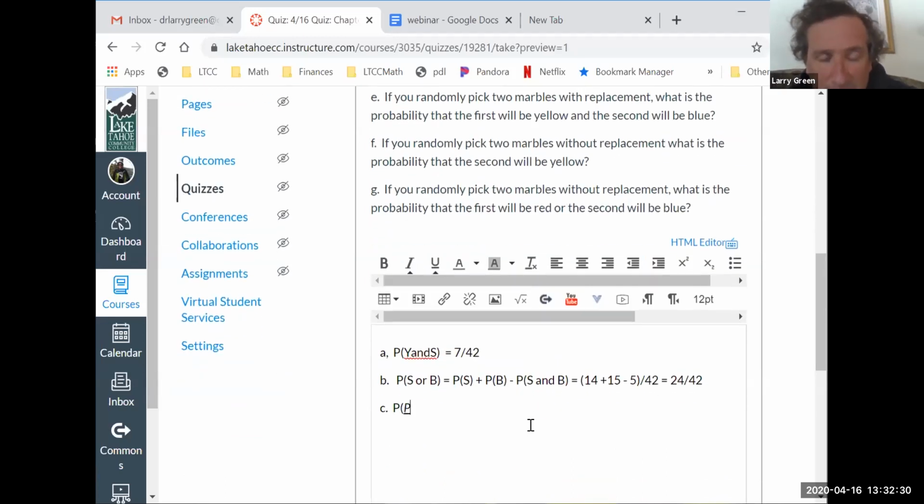So probability of R and S. If they're mutually exclusive, what must that probability be? Zero. But there were 2 red spotted ones, so that's going to be 2 over 42, which is not equal to 0. So not mutually exclusive.